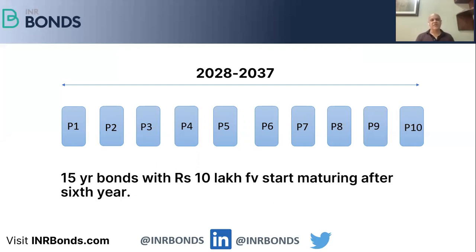So how does it help investors? It helps investors buy bonds to suit their cash flow requirements. For example, in a STRIP, interest is paid out every half year or every year in different bonds. In G-Secs, it's paid out half yearly.